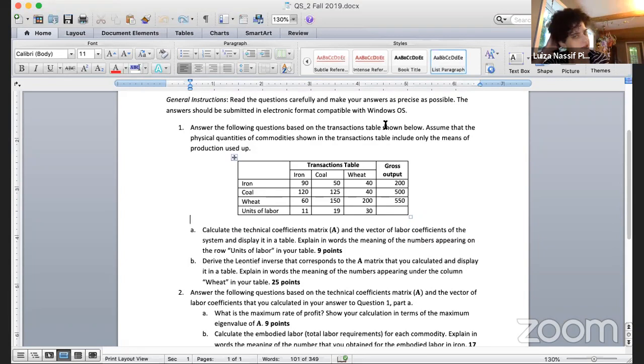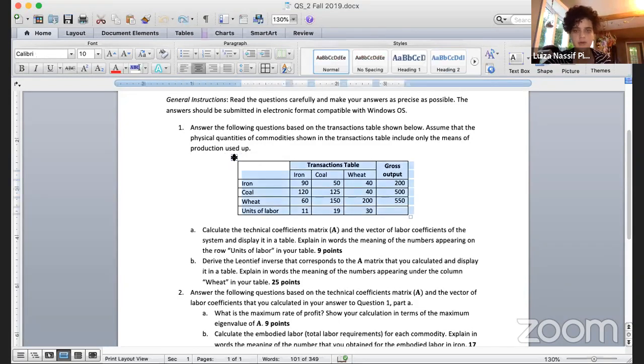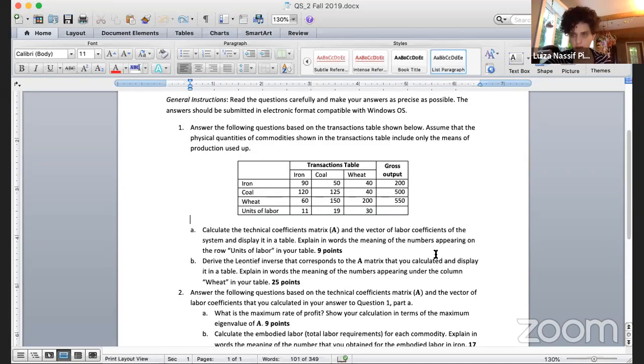So in a real input-output table, if this was not just an abstract example, you would also have your final demand, which is the difference between the gross output and what was sold as intermediates, separated by types of final demand. So you have demand by the government, investment, final demand for consumption by households, and so on.